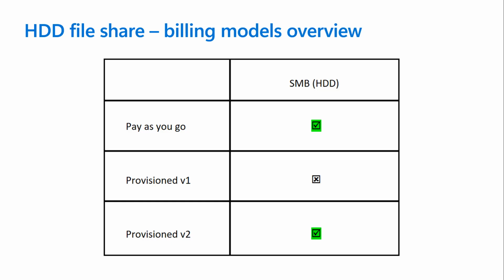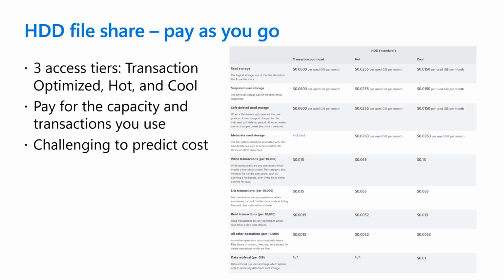Currently, we offer the pay-as-you-go model for HDD file shares and the Provision version 1 model for SSD file shares. The new Provision version 2 will focus on HDD file shares. To understand it better, let's quickly recap the pay-as-you-go and Provision version 1 models. Following the three specific access tiers that we currently offer, the pay-as-you-go model allows you to only pay for the capacity you use.